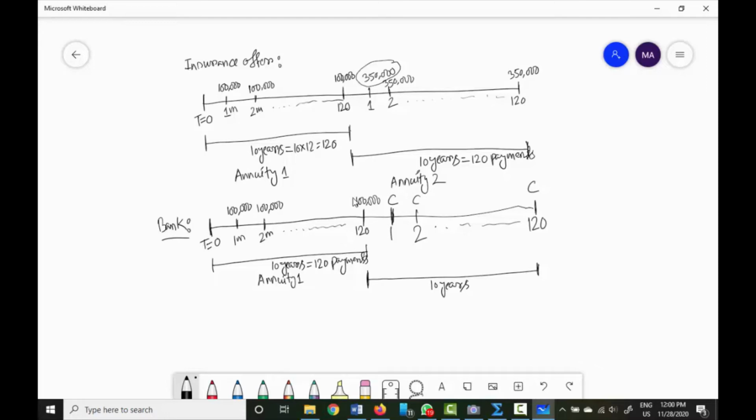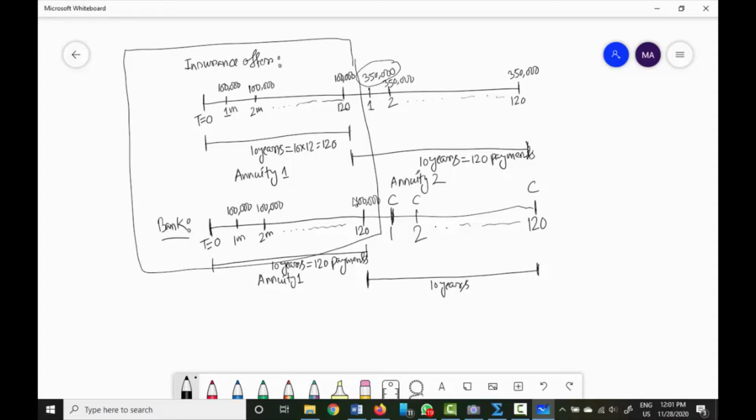We already know it; the insurance company specifically told you that. But for the bank, we need to find out how much it will give us if we save the same 100,000 taka at the end of every month for the next 10 years. Up to this point it is the same for insurance and bank.